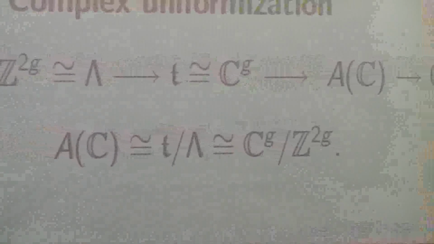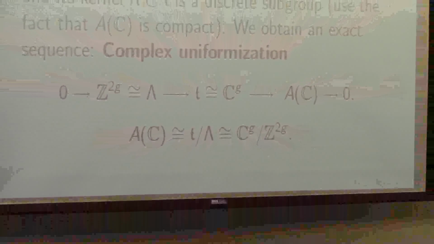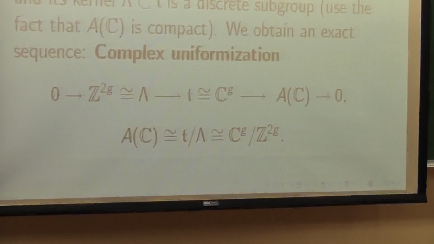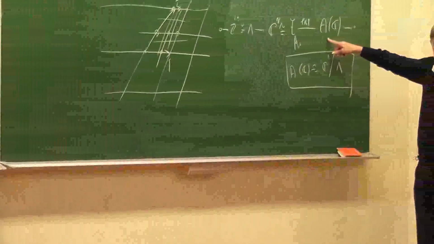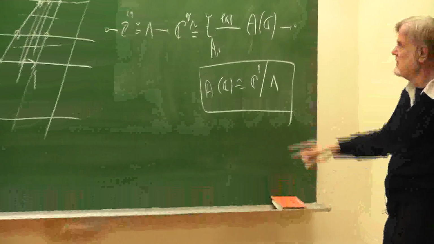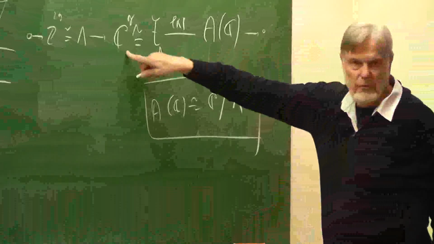Please remember this formula because I'll use it, first of all. Second of all, remember that this is very strong if you work over complex numbers. It has no value if you work over number fields. Right? And let me explain to you that this exponential map is a transcendental map. So for example, an extremely hard question is, suppose you have a point here. It comes from a point here.